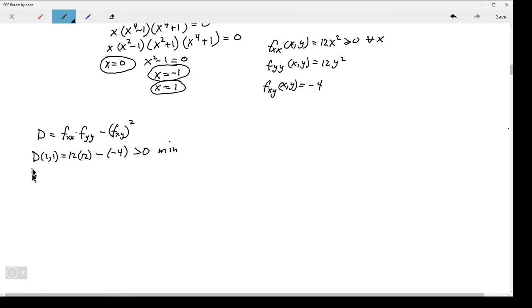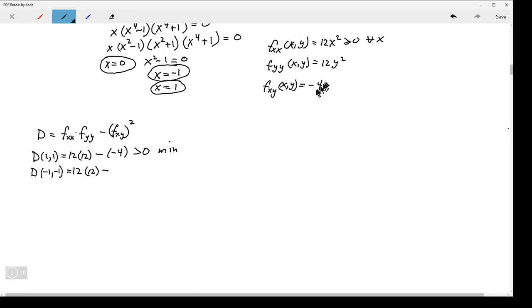All right, let's check D of (-1, -1). Well, fxx at -1, that's still going to be a positive 1, so that's still going to be 12. fyy of (-1, -1), again, -1 in there, that's still going to be a positive 1, so that's still going to be 12.